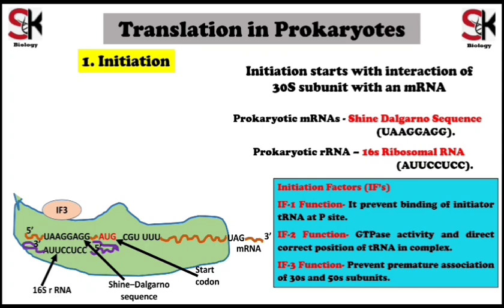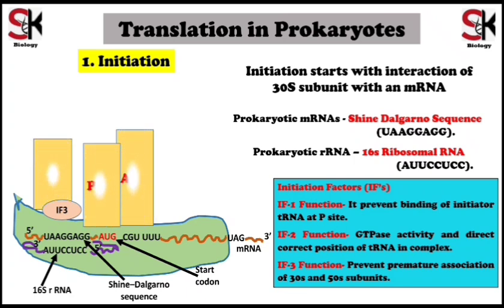The Shine-Dalgarno sequence is only present in prokaryotes. Ribosome contains 3 sites, A, P and E. A is for amino acid entry, P is for peptidyl transferase and E is the exit site.